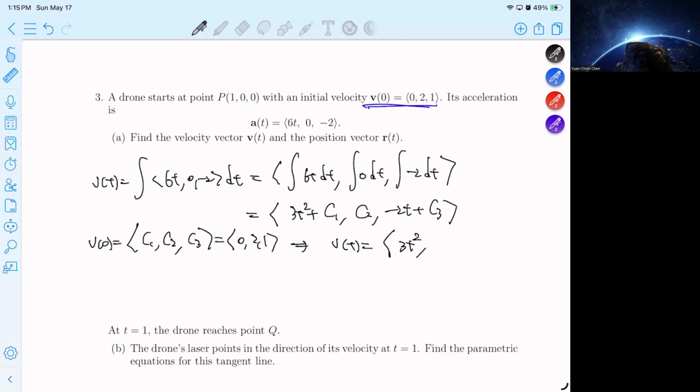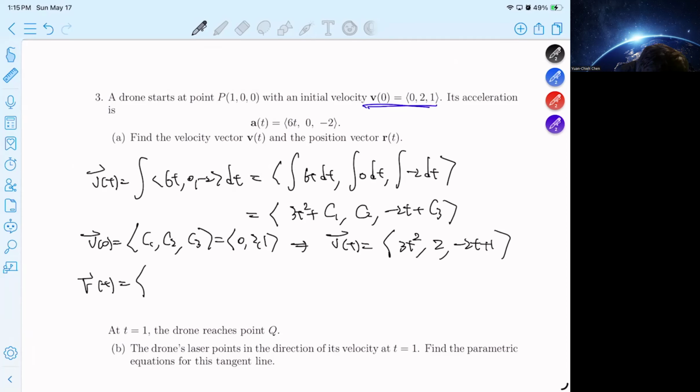And we do the exact same thing: do the integral again. So r(t), sorry for the vector sign, but I think you know what I'm doing. r(t) will be the integral of this guy dt, and this guy dt. Let me save the calculation for you.